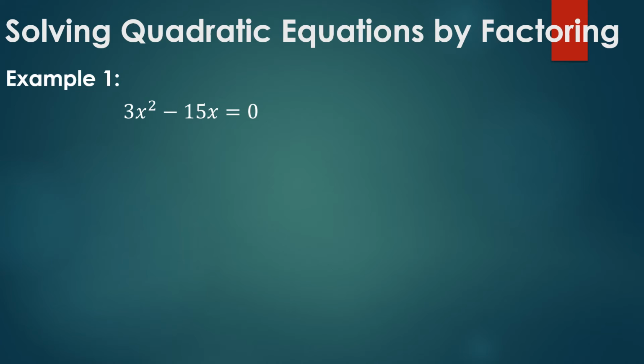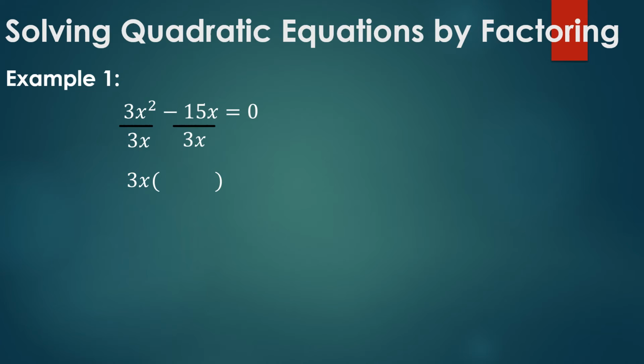The question is, what is the greatest common factor of 3x squared and 15x? That is 3x. And then, for us to find the other factor, we are going to divide 3x squared minus 15x by the GCF 3x.